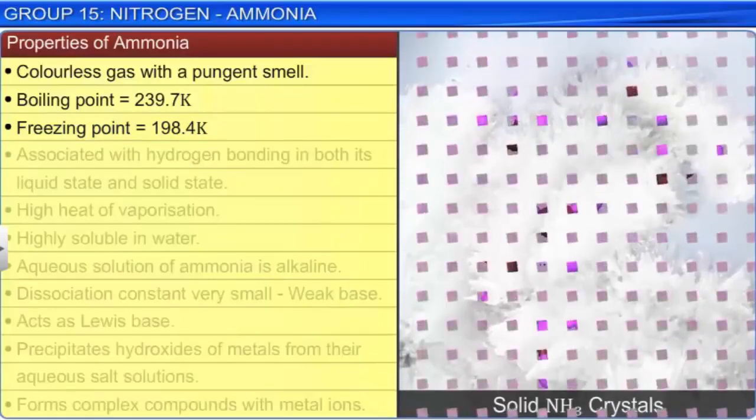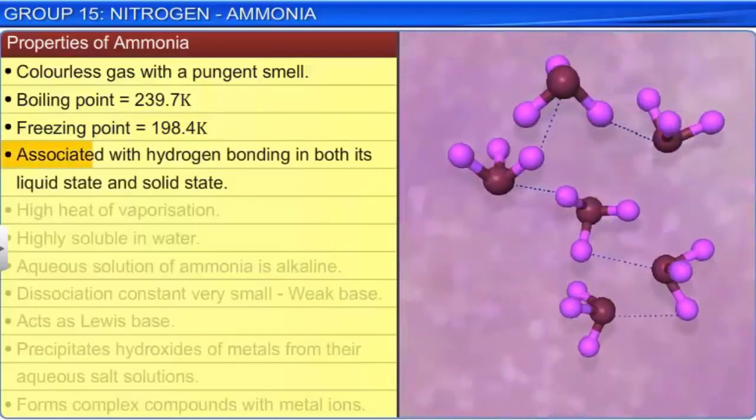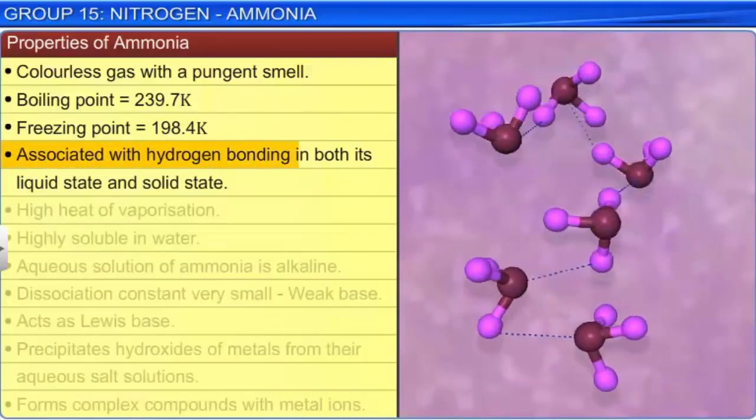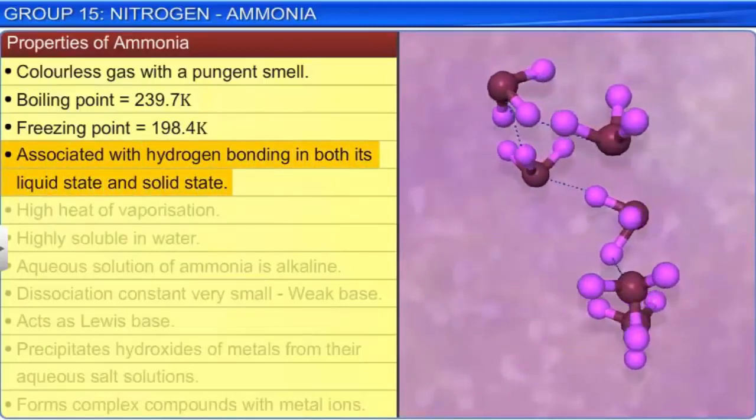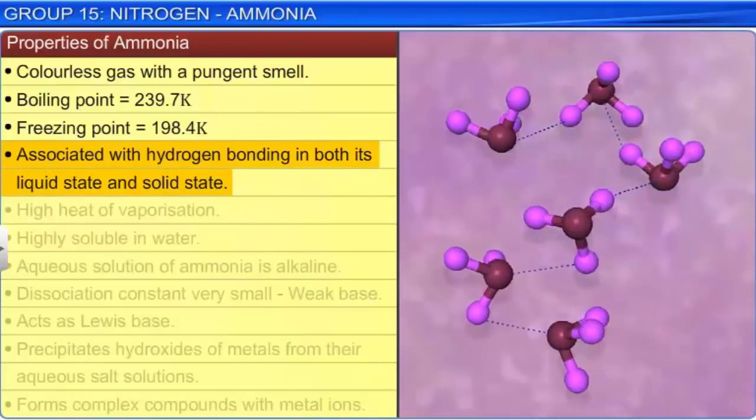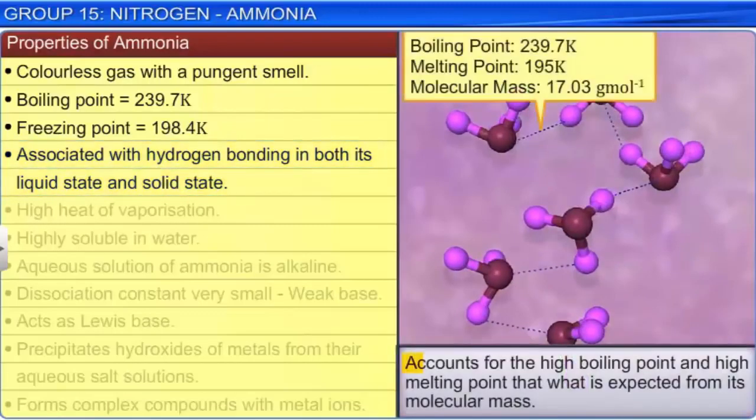You know that ammonia is associated with hydrogen bonding in both its liquid state and solid state. Hence, this factor accounts for the high boiling point and high melting point than what is expected from its molecular mass.